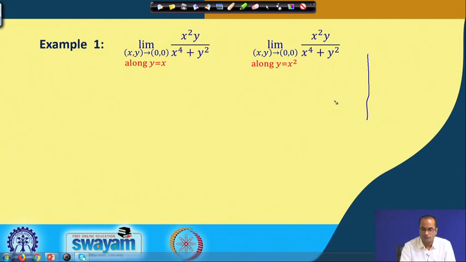So, we have chosen two different paths to approach the origin here. One, the straight line y equal to x, and the second we have taken the y equal to x squared path. So, here what will be the limit of this function as we approach the (0,0) point along these two different paths?